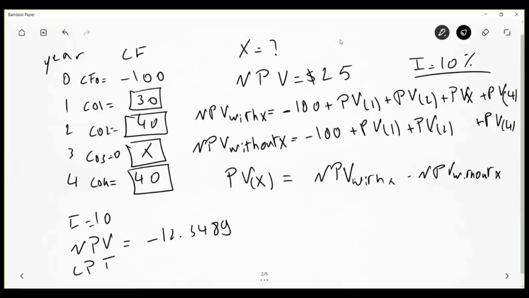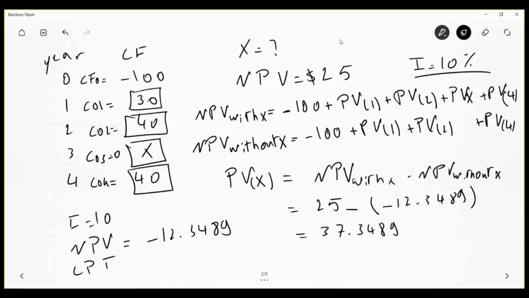So in this case, PV of X equals 25 minus the net present value without X. NPV without X is minus 12.3489. So minus minus plus. So I have here 37.3489. This is the present value of X. So I'm still not done yet.